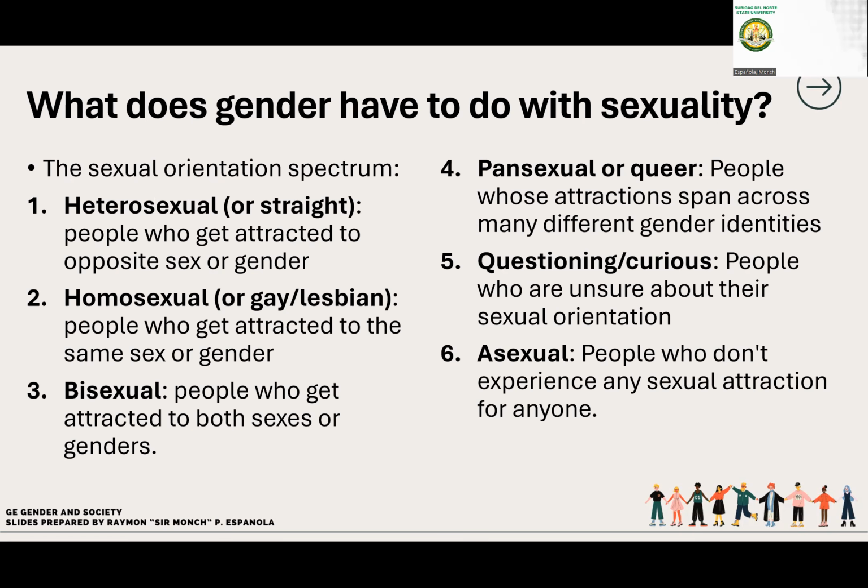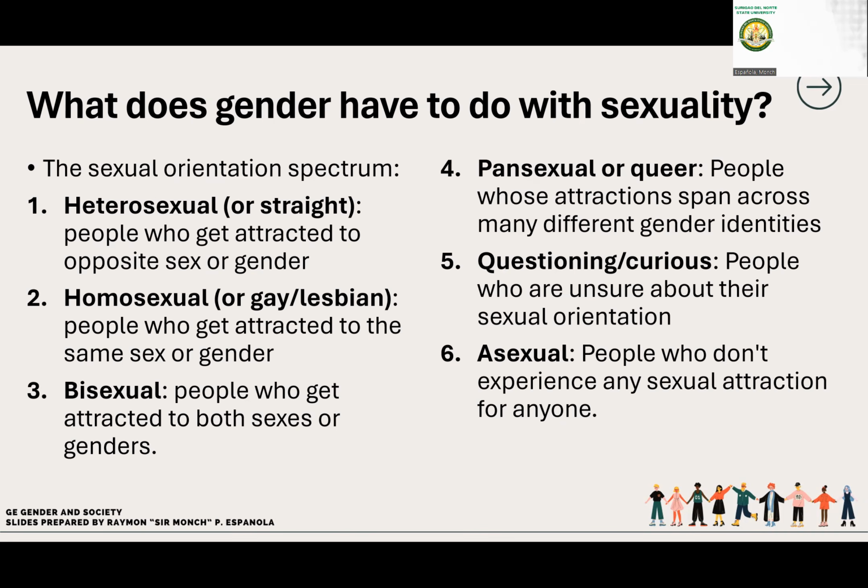First, we have heterosexual or being straight. These are people who get attracted to the opposite sex or opposite gender. Okay? Earlier, I mentioned that some transgender people consider themselves heterosexual. That is correct, because if someone is transgender, they fall within the gender binary.